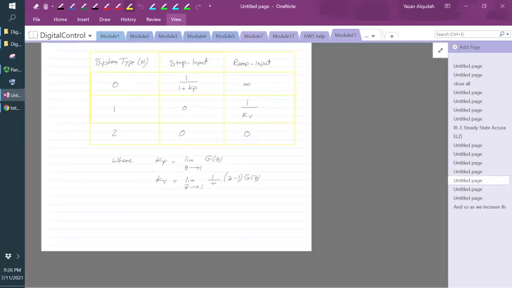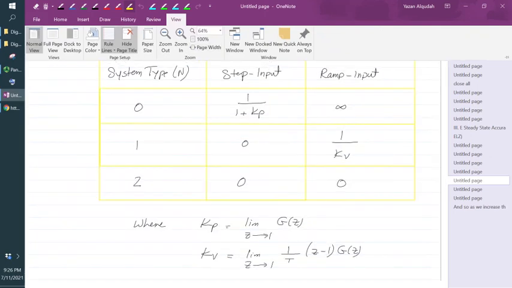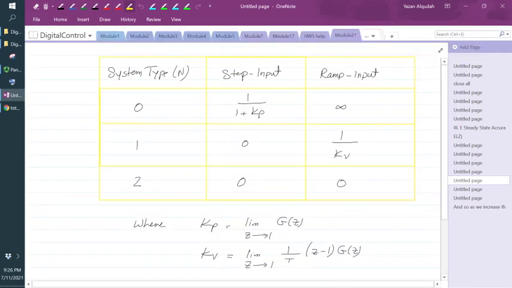So to summarize all that, similar to what we've done with continuous time systems, if the system type is 0, then for a step input, the steady state error is going to equal 1 over 1 plus Kp. For a ramp input, it is going to equal infinity. If the system type is 1, the step input steady state error is going to be equal to 0. For a ramp input, it is going to equal 1 over Kv.